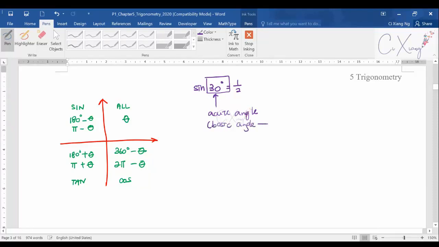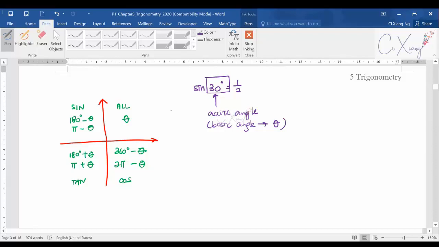And the basic angle is actually the theta that I labeled here. Do you understand what I said so far? For all the acute angles, I will label it as theta in my graph. So the first quadrant here is theta. Theta means the basic angle.